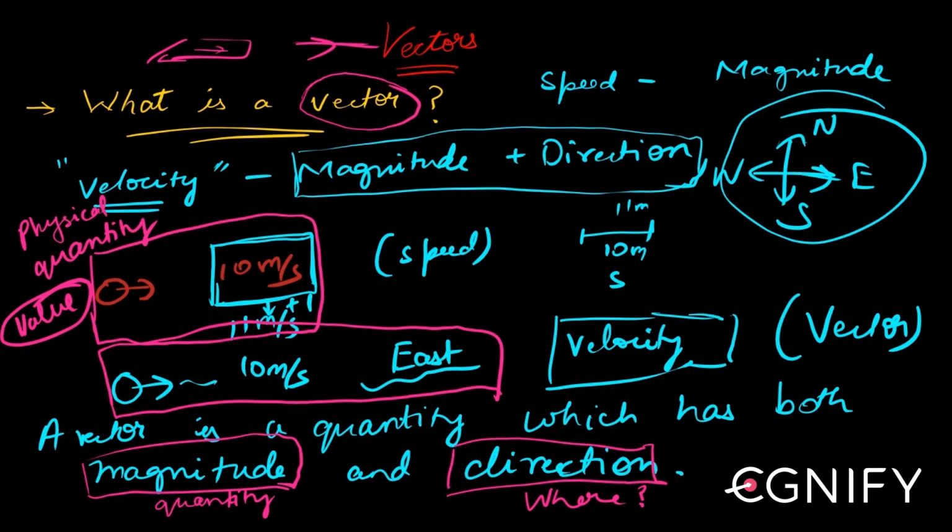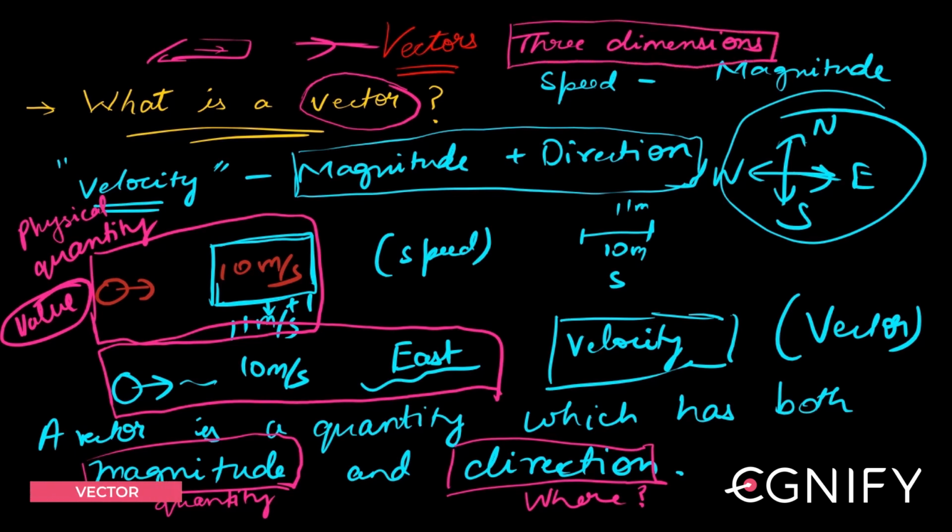In real life, what we deal with is vectors in 3 dimensions, because our life is three-dimensional. So we deal with most of the quantities which have three dimensions, if at all their dimensions are important, right? So let's proceed into understanding the coordinate axes, the coordinate planes, and the three-dimensional space.